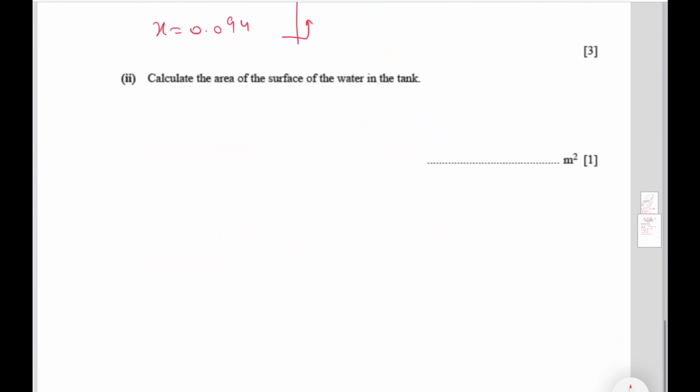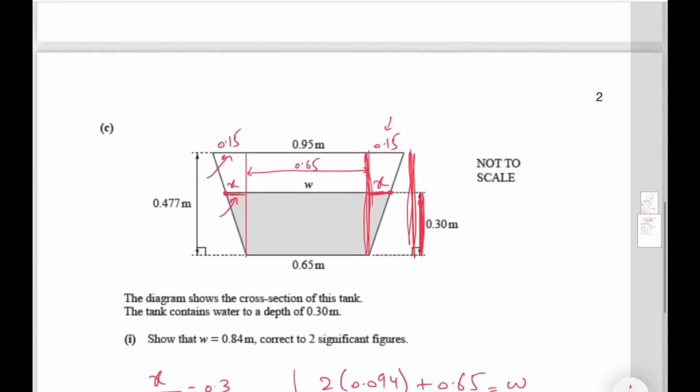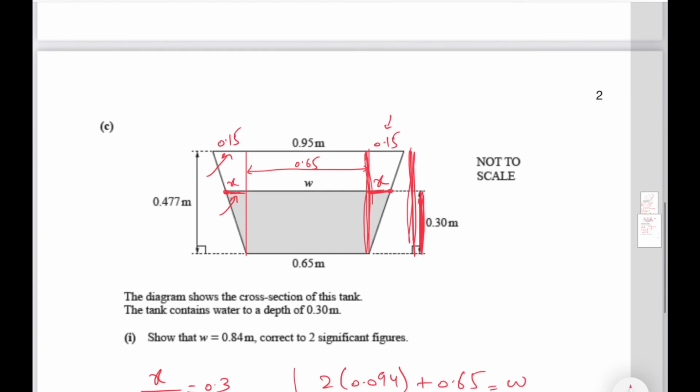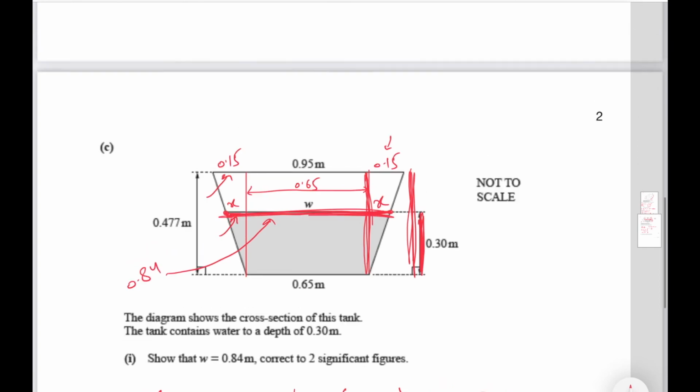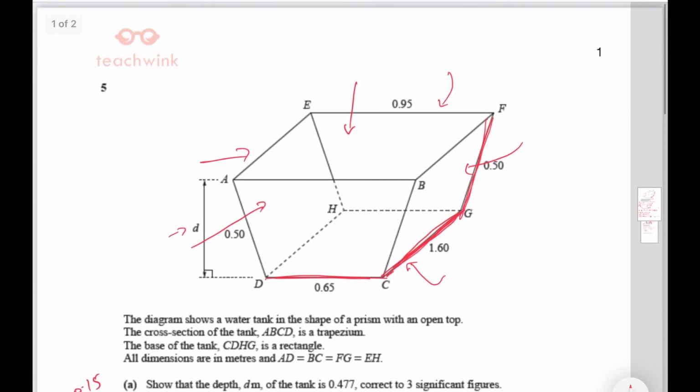The next part says calculate the area of the surface of the water in the tank. This is a very simple question. The surface of the water in the tank is going to be open, and this entire length is the width of the water and this is equal to 0.84, and if you look at the diagram over here, the length of the entire thing is 1.6.